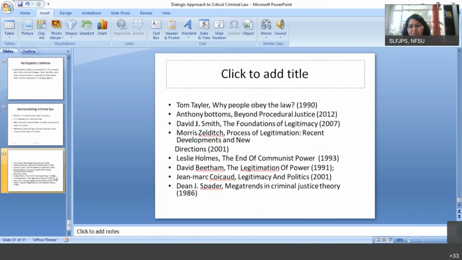Lastly, I would like to focus on these philosophers: Anthony Bottoms, Tom Tyler, David Smith, apart from, of course, Alan Norrie and Duff. Anthony Duff poses a very powerful question: with whom is the criminal law speaking, and how does the criminal law communicate the core principles and ideas of the state?